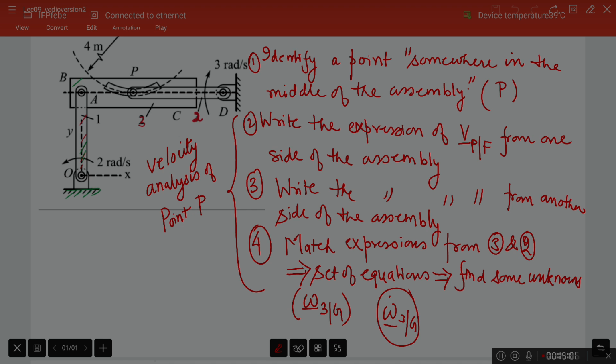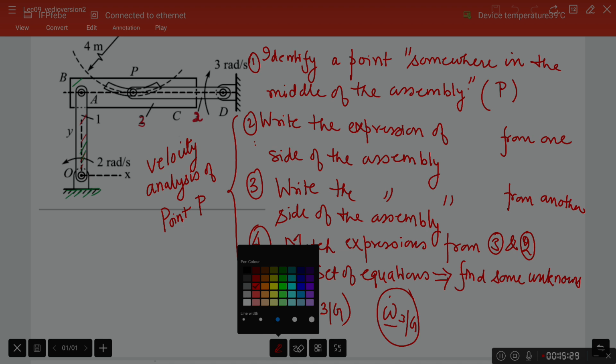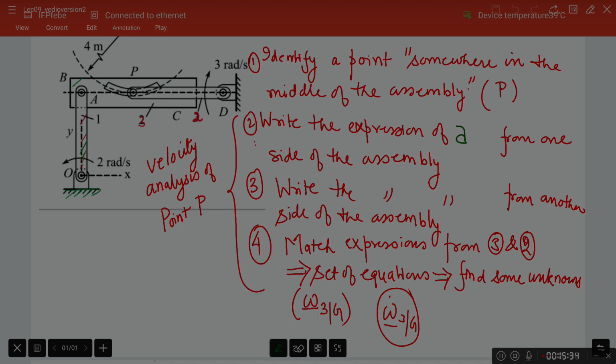What does acceleration analysis include? The acceleration analysis includes the same steps 2, 3 and 4, but with a difference, and that difference would be, instead of VPF, you will write the expressions for APF from one side of the assembly.